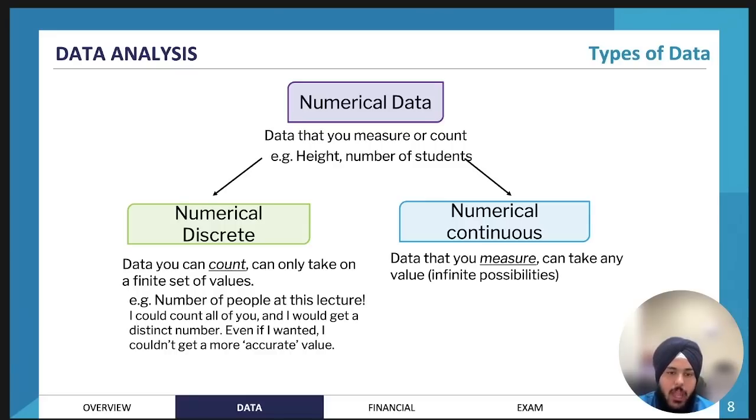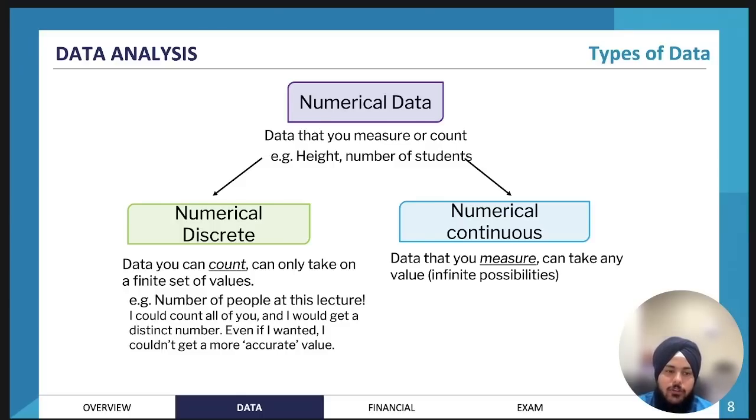So numerical continuous variables, however, are usually variables that you measure. So for example, the height of all the students attending this lecture would be a continuous numerical variable, because I would have to measure the height. I can't count the height.